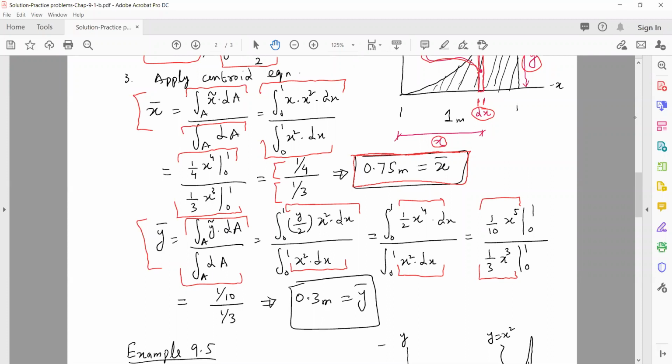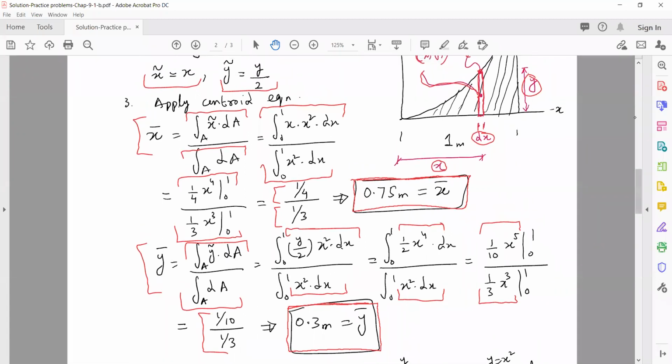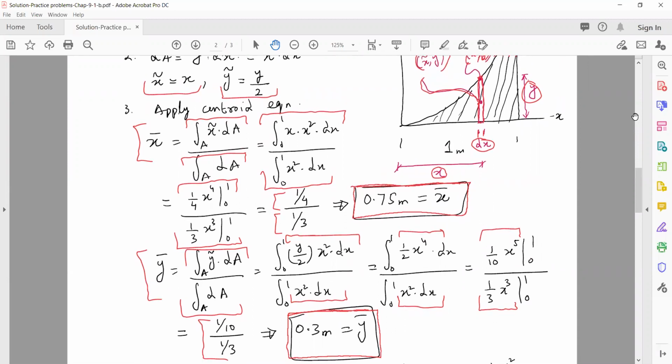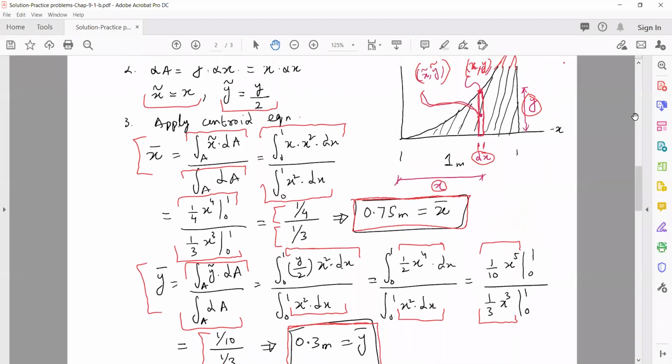And just apply the limit 0 to 1, we'll get 1 by 10 divided by 1 by 3. Simplify that, you get y bar equals 0.3 meters. Now this is the y coordinate of the centroid of the area, right? So x bar 0.75, y bar 0.3.